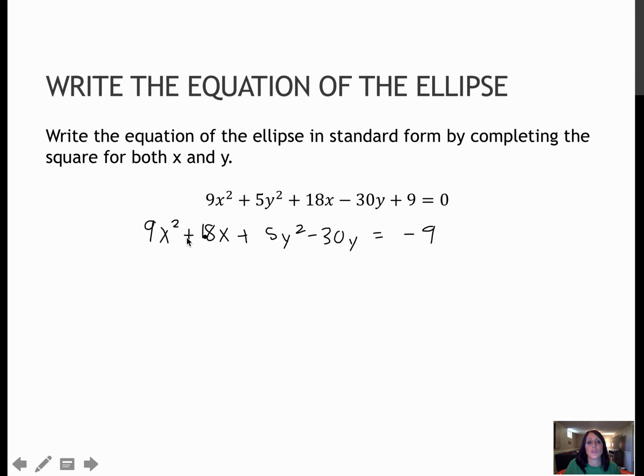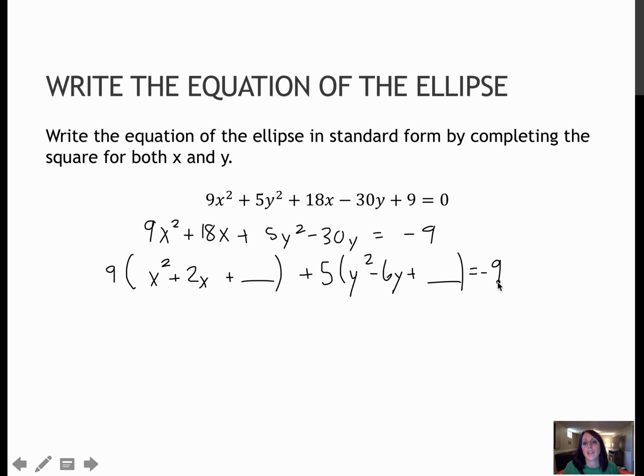Next step is to, if there is a value that I can take out of both of these, so really I want it to be 1x squared. So I'm going to say 9 and then x squared plus 2x, and I'm going to leave a plus blank. And then I'm going to take a 5 out of both of these terms, and then y squared minus 6y, so notice I've divided it by the 5, plus blank equals -9.